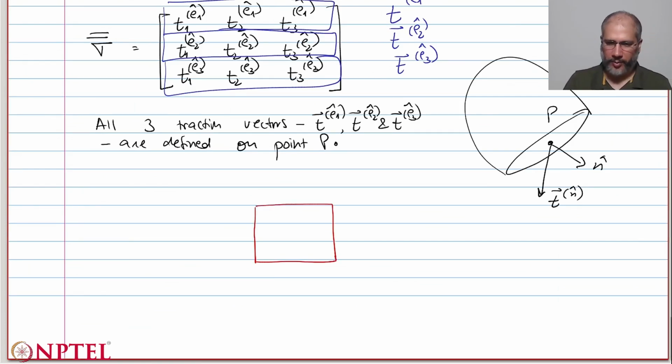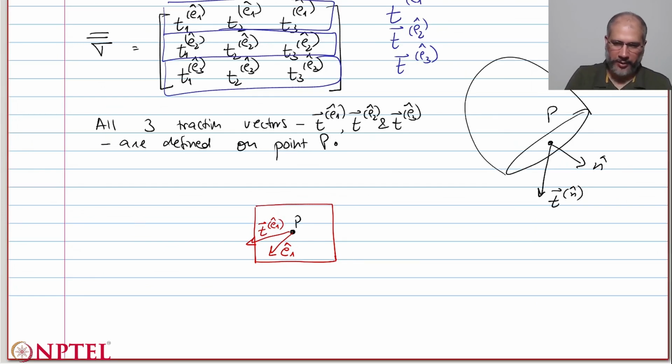So this is the cutting plane passing through the point P, which has a normal in the E1 hat direction, and the traction vector would be something like this, which is T on E1 hat. This is the point P.